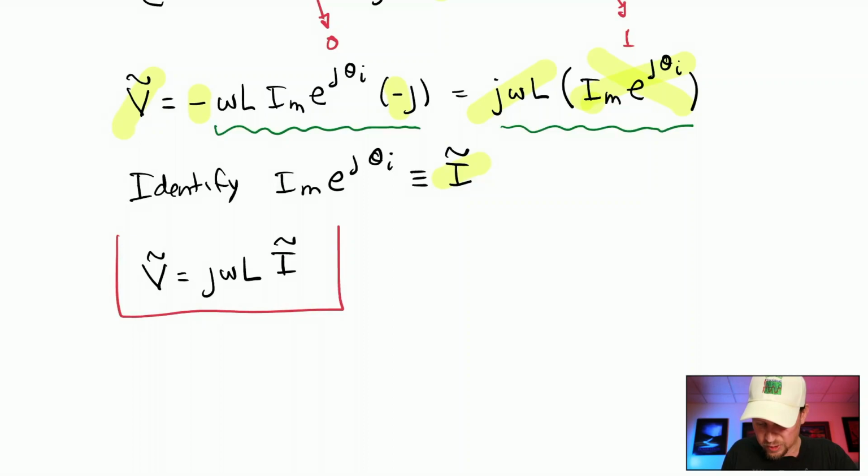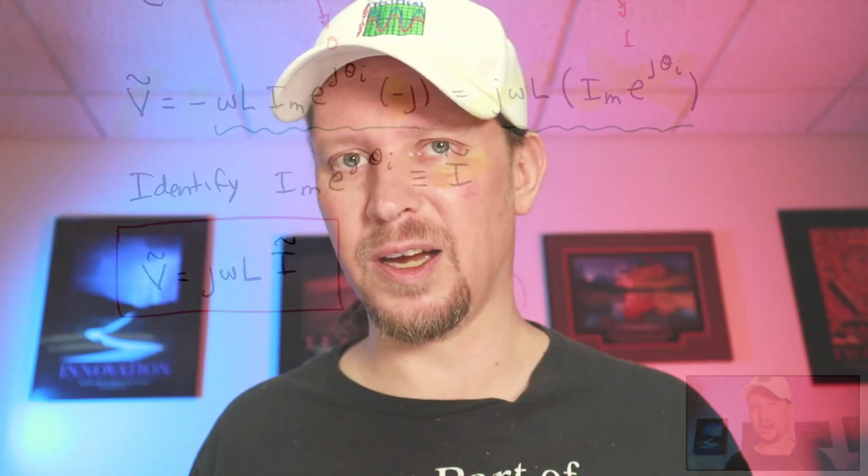This was the portion that I actually wanted to get to. This is the IV characteristic of an inductor in the frequency domain. And one thing that I really want to impress upon you is that the voltage here is equal to a constant, because j, omega, and L are not changing, times the phasor current. But we'll see how to use this later on as well.